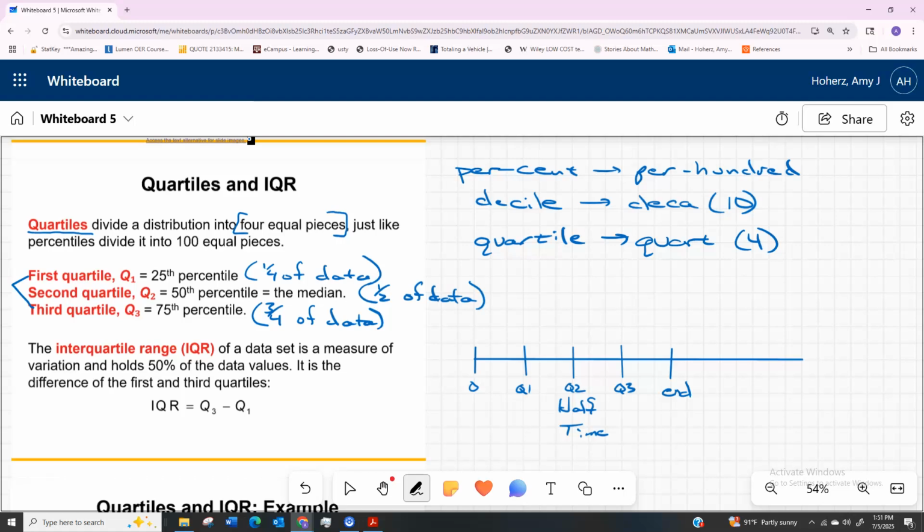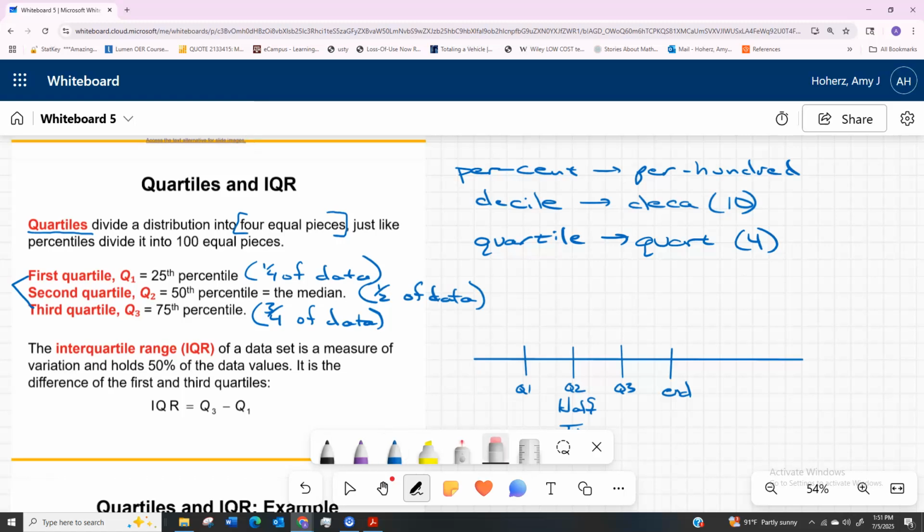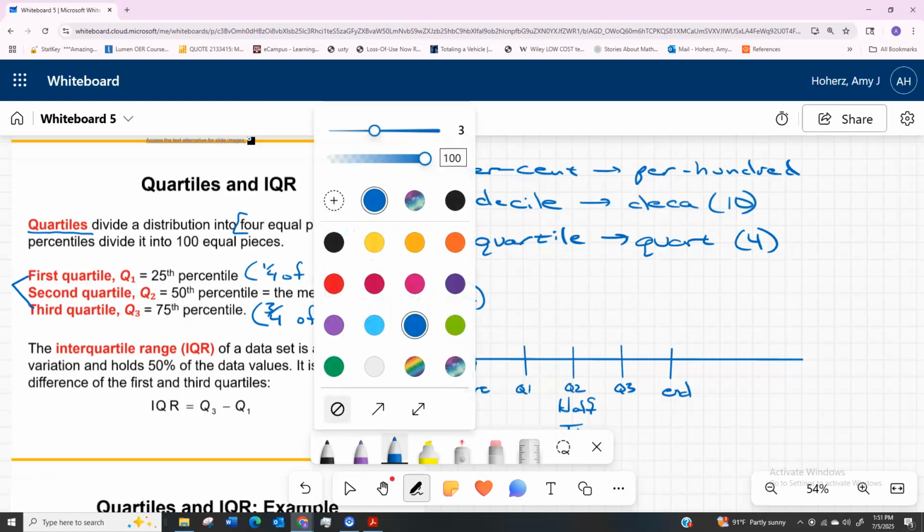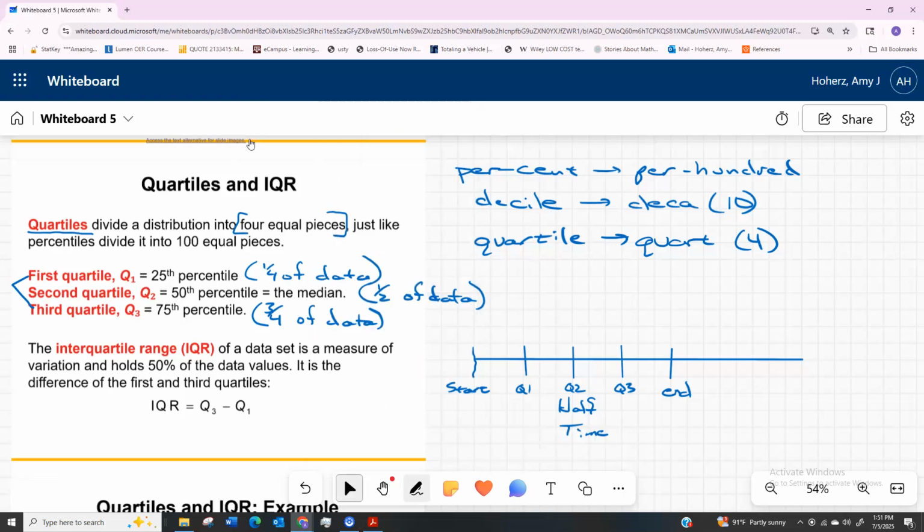So when we get to the graph, we're going to call the start like the minimum and the end like the maximum. So you have the start of the game, you have the end of the game, and then you have it split into 4 parts.